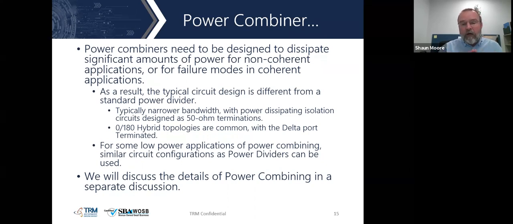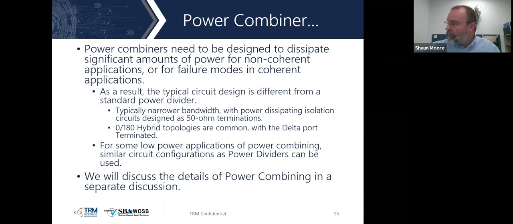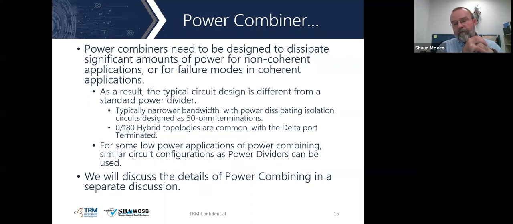As a result, power combiners tend to be narrower bandwidth than their comparable power divider, and that is really due to the way that the network is actually configured. In order to be able to get the power being dissipated in a termination, the nature of the circuit that drives that divider typically has less bandwidth.